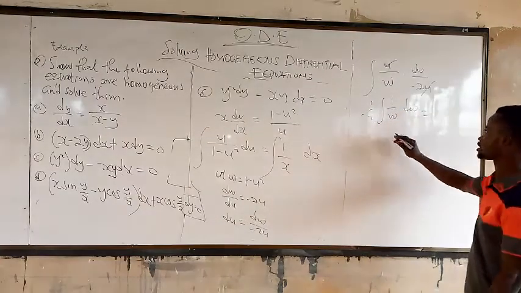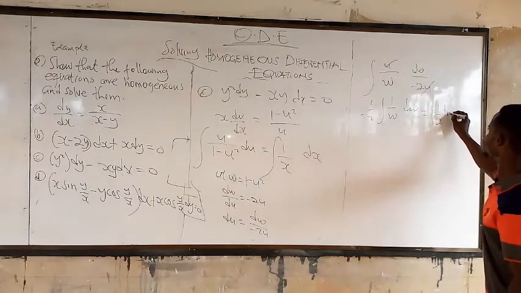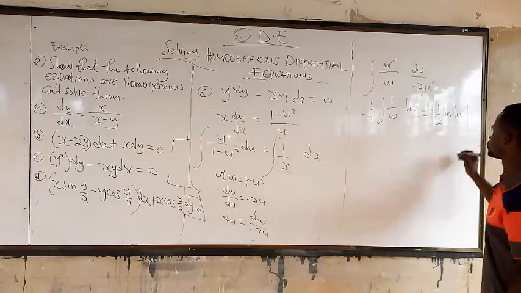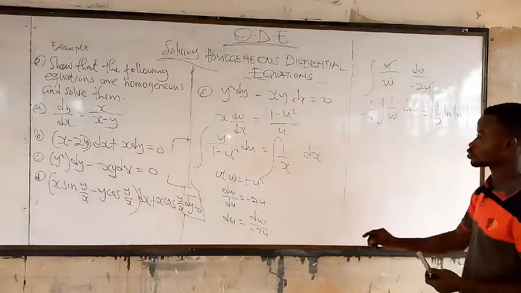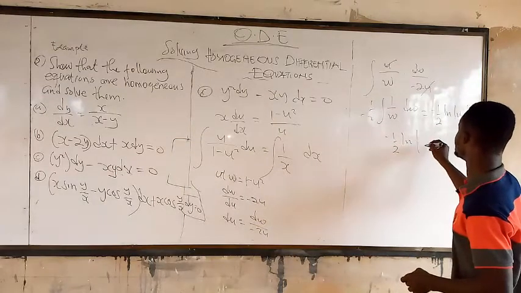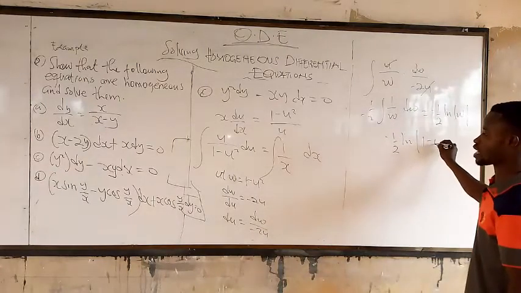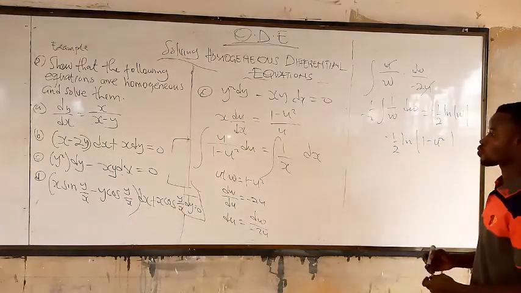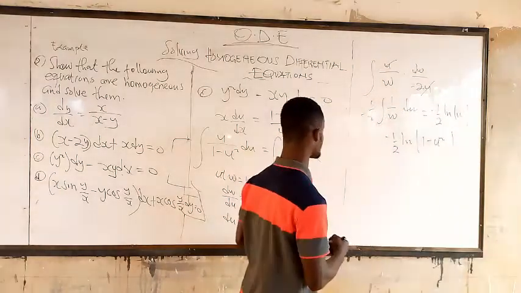So when you integrate this, you get negative half ln w, but w is equal to what? 1 minus u squared. So that is what we have for that.